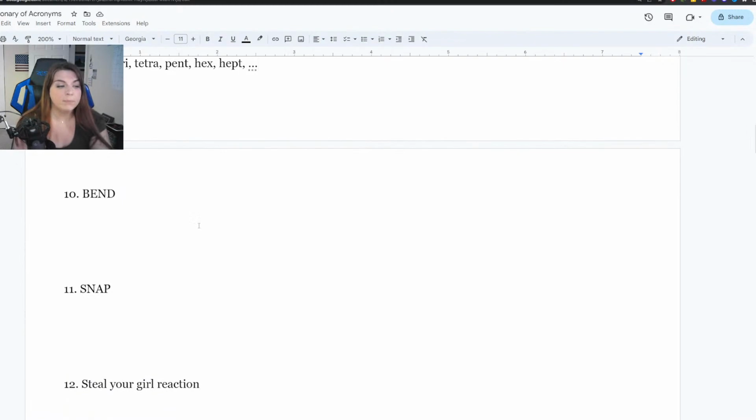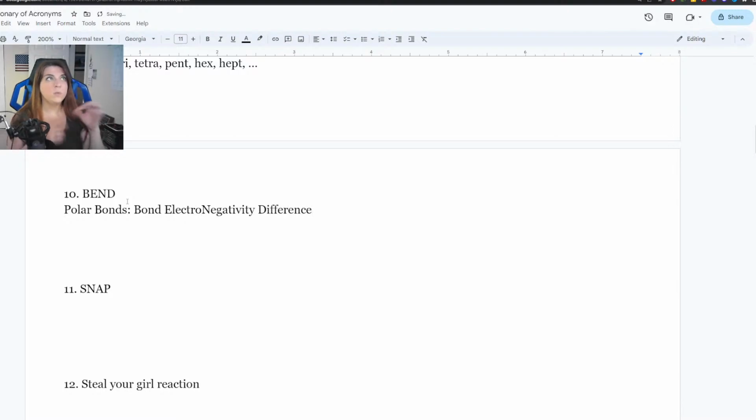Oh, BEND and SNAP. So BEND is when we're talking about polar bonds. That stands for bond electronegativity difference.